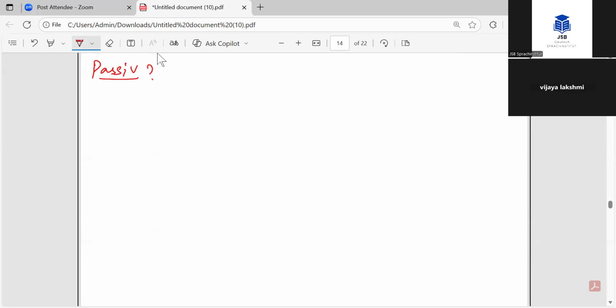Passive. So the action happens to the object. Okay. Action happens to the object. We focus on the action, not on who did it.